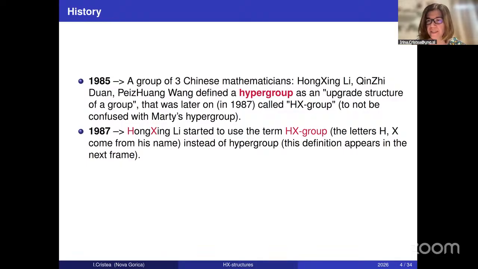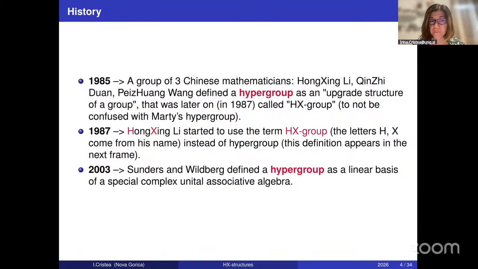Pay attention that this term is connected with the initial letters of his name, Hong Xing, that's why he defined HX groups. And the definition appears in the next frame.